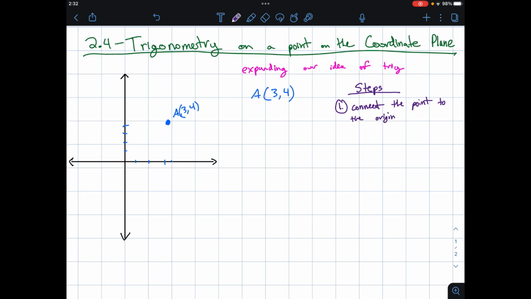I'm going to connect point A to the origin, which we recall is at 0, 0. This will be the hypotenuse of the right triangle we're about to build.